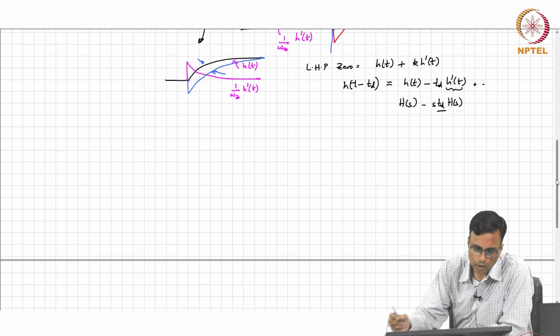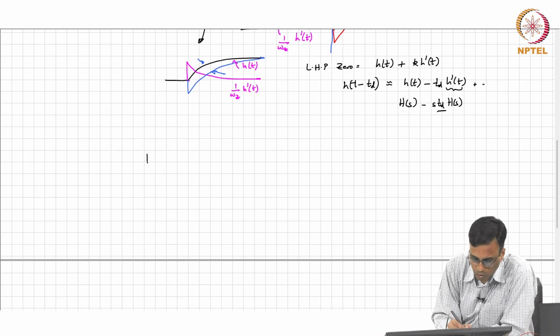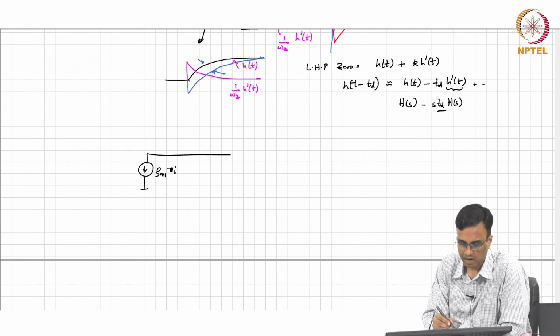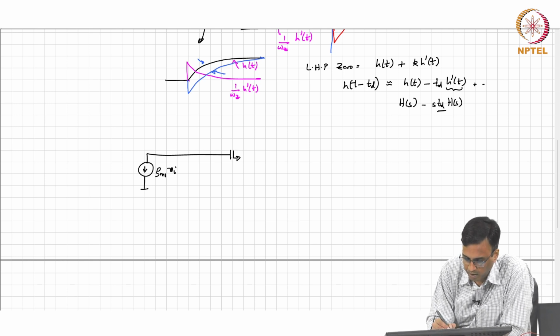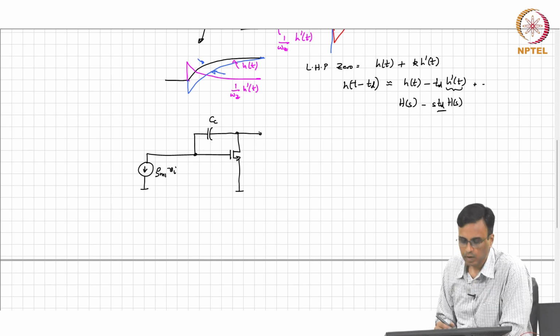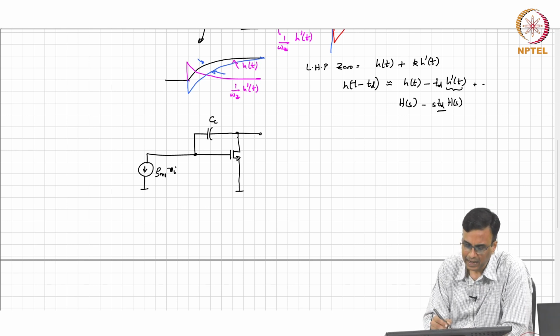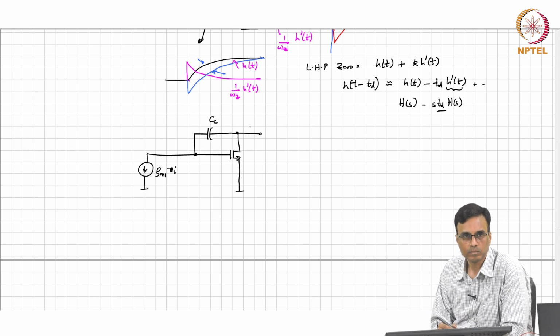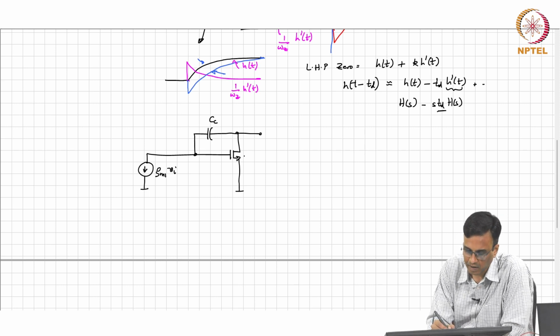So, again let me remind you of the origin of the whole problem. This is GM1 times Vi. I am going to throw out all the non-essential stuff and focus on the core root cause of the problem. This is CC, all right. So, ideally what do we want?